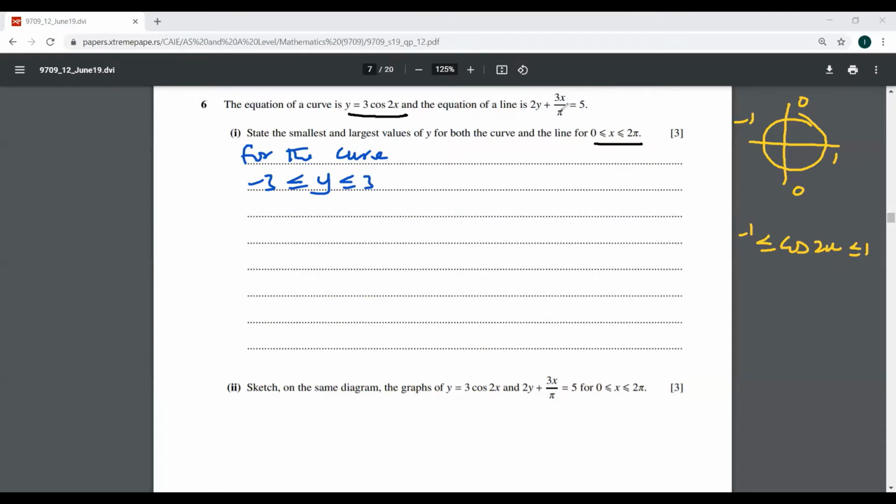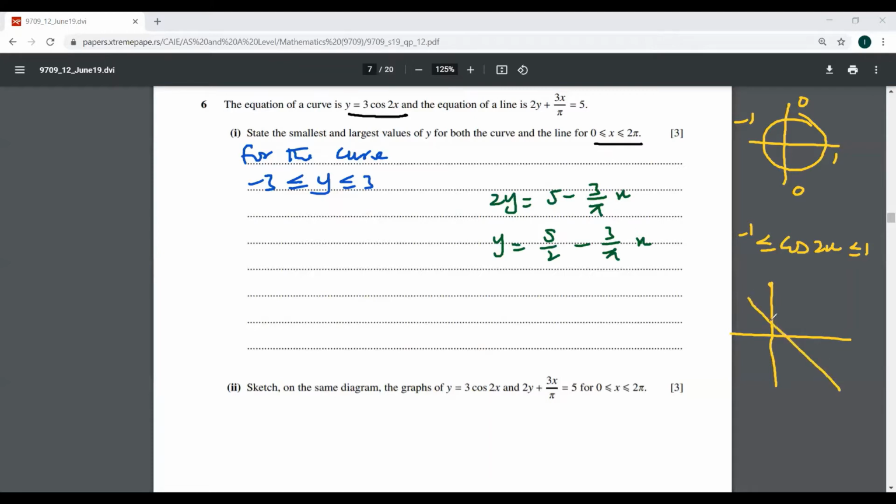And for the line over here, let me write it as 2y is equal to 5 minus 3 over pi x, and your y is 5 by 2 minus 3 over pi x. Now this is a downward line, a line with a negative gradient. This is a kind of question on functions, maybe.